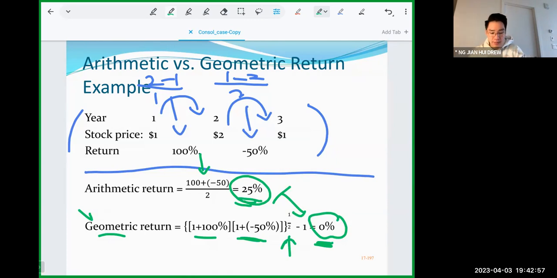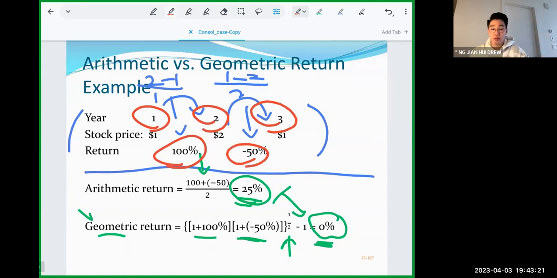I want to highlight something else as well. It is important to note that you notice there are 3 years here. We are considering year 1, year 2, and year 3, right? But in terms of the number of returns we have, we only have 2 returns, right? Because we need 3 numbers to calculate 2 returns.